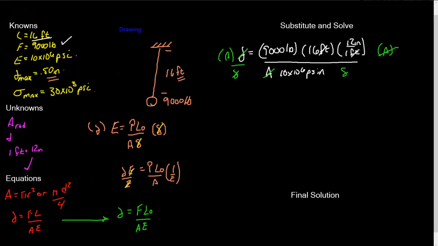So now what I end up with, again back in white, is 9,000 pounds times 16 times 12 inches divided by 10 times 10 to the 6th pounds per inch squared, and you kind of see where I'm going with this, times my elongation, which is 0.50 inches.